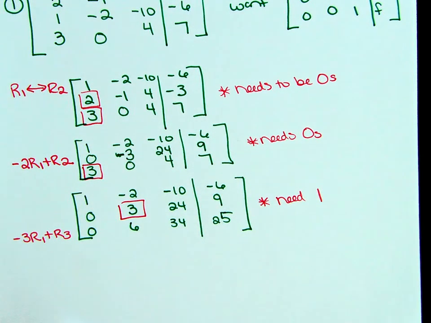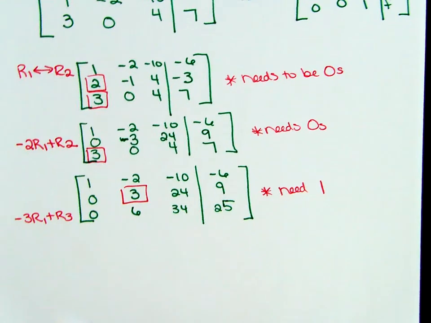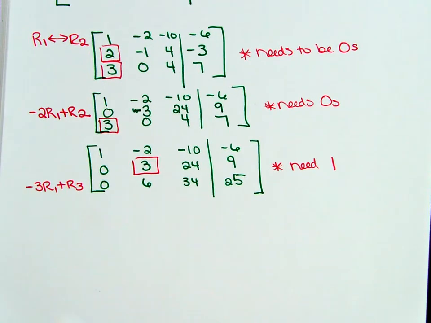If you need to get a 1, you're always going to use row operation number 2, where you multiply by a constant. Because what can we multiply 3 by to get a 1? Exactly right. So what we're going to do is take 1/3 times row 2.